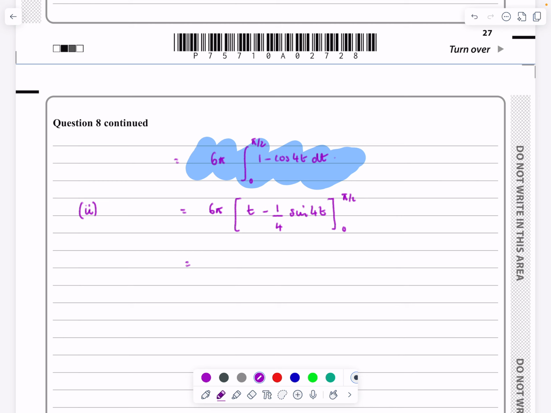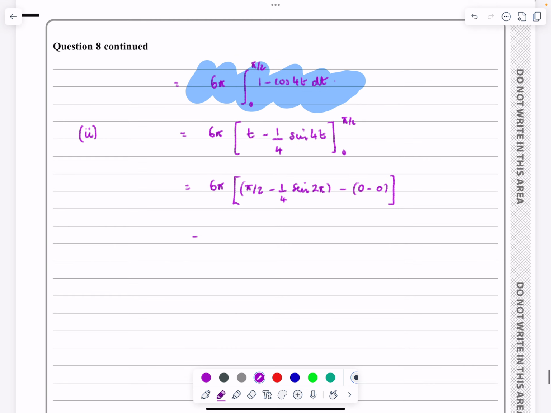So if we're doing that, that's going to be 6 pi over 2 minus a quarter sine 4 pi, which will be sine 2 pi in this case, minus, and the other one actually works out to be 0 minus 0 if you do those. So that all finally tidies up to 3 pi squared.